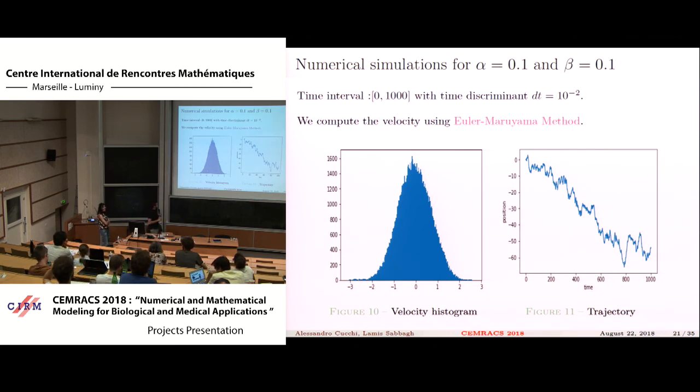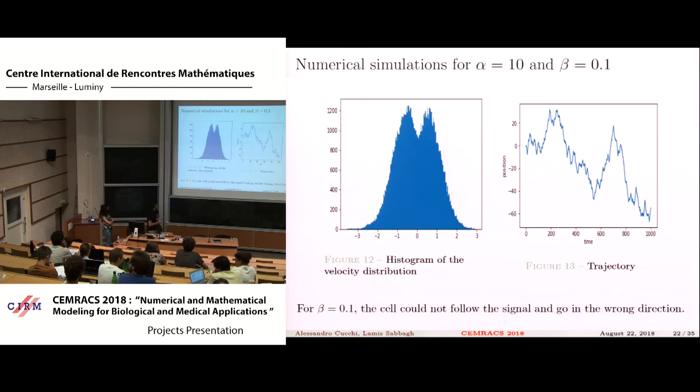And here we see clearly that the cell is able to follow the signal. The cell starts from 0, the signal is in the negative part, so we see that it's going to decrease. But we see also that we have a lot of noise. This is due to the fact that beta is still small and also alpha, so the noise term in the stochastic equation is still significant.